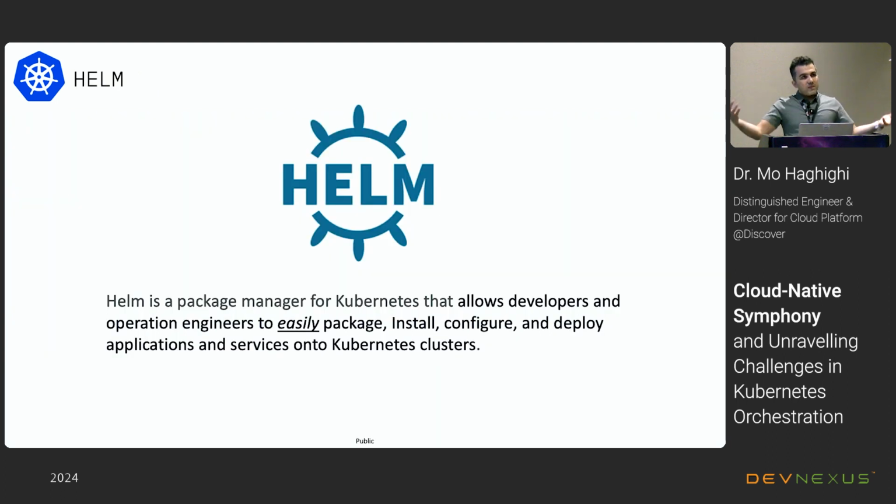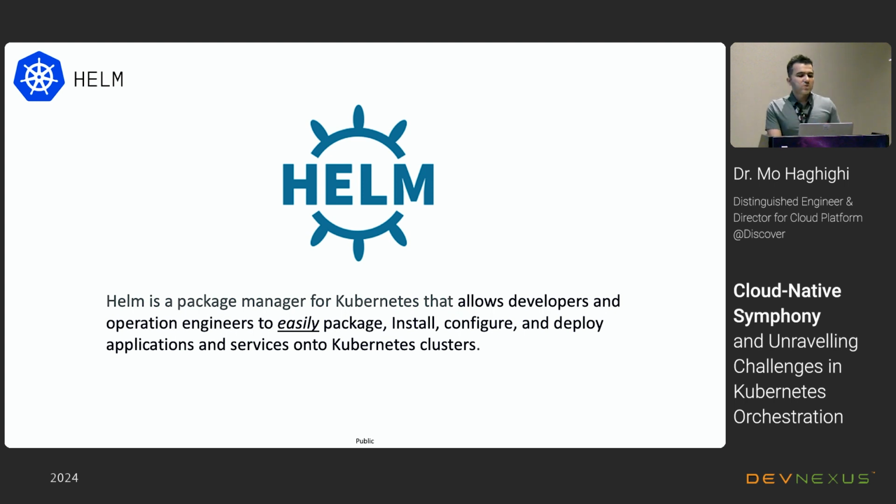But then there is another concept here: if you want to move from one cluster to another or put all your libraries and dependencies into your cluster, you can use Helm to make that happen. Helm is a package manager that allows developers and operation engineers to easily package, install, and reconfigure. This way you can take your configuration from one cluster to another for your application.